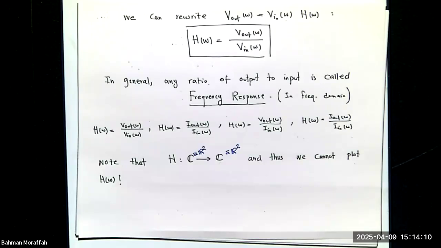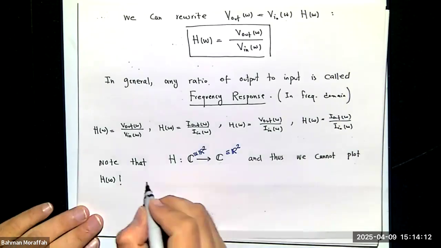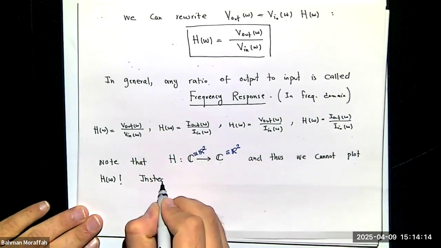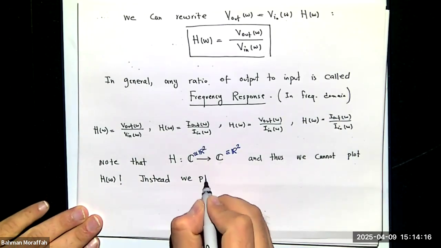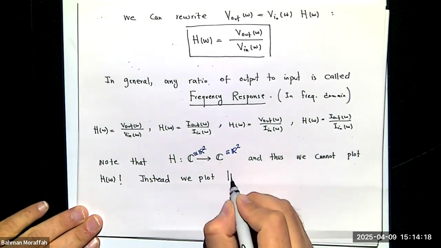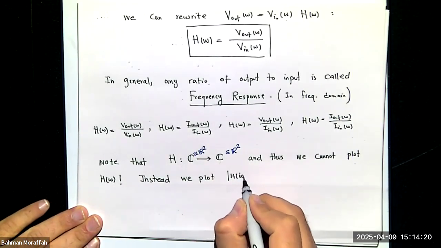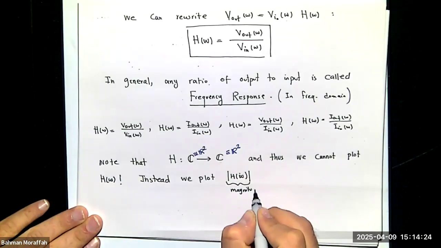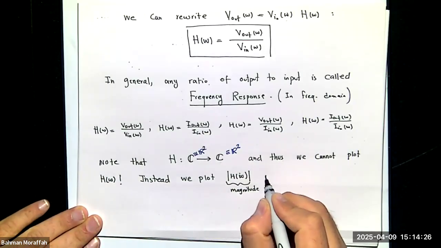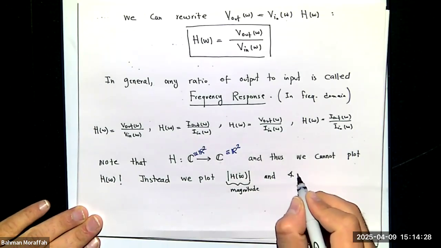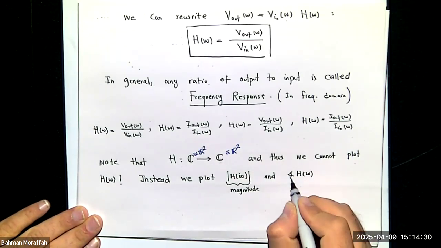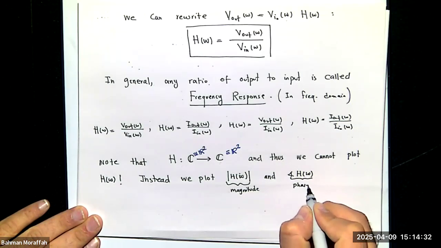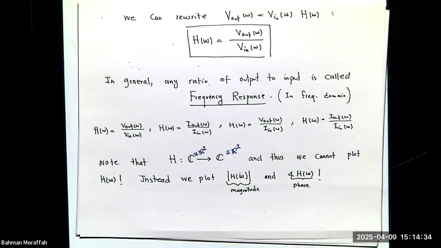So instead we plot the magnitude of h of omega and the phase of it. Now these are possible to plot.